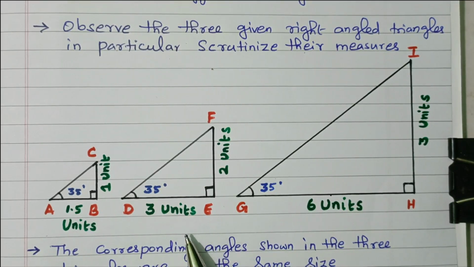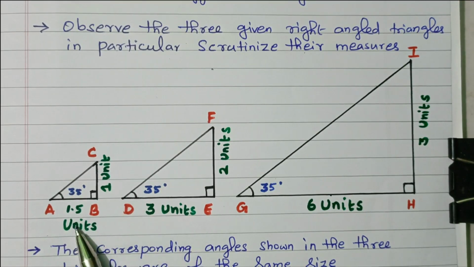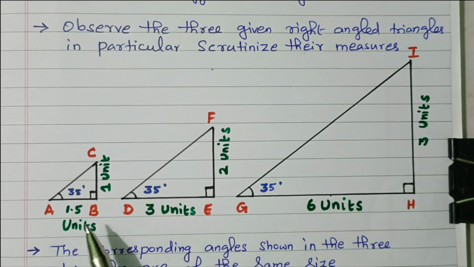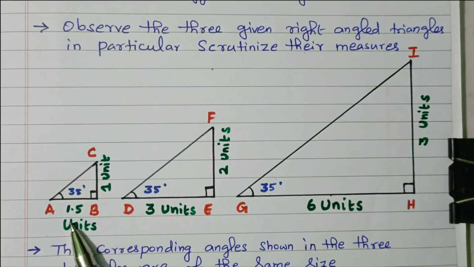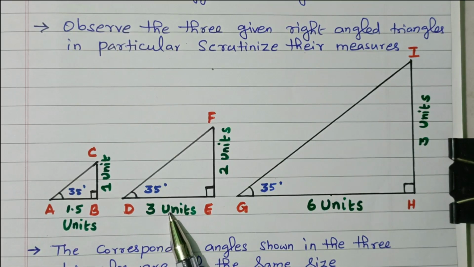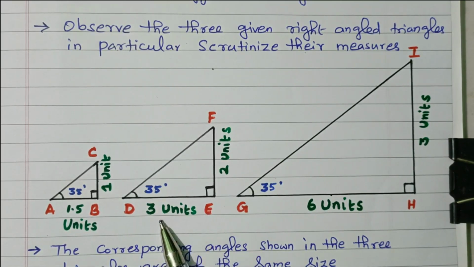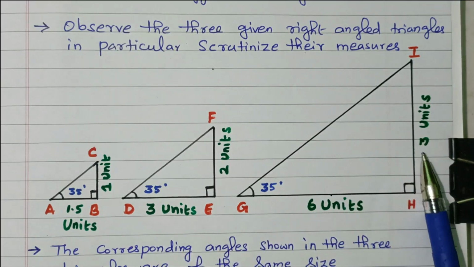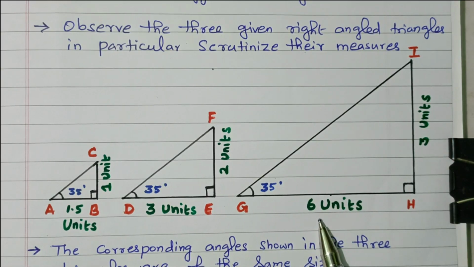Now we are going to find the ratio of opposite side by adjacent side for all three triangles. Referring to the first triangle, opposite side by adjacent side is 1 divided by 1.5, which is equal to 0.7. Similarly, for this triangle, 2 by 3, that also is 0.7. For the third triangle, opposite side 3 divided by 6, that also is nearly equal to 0.7.